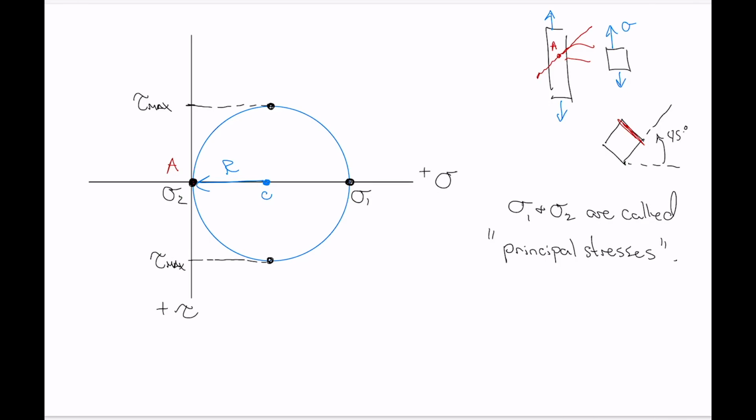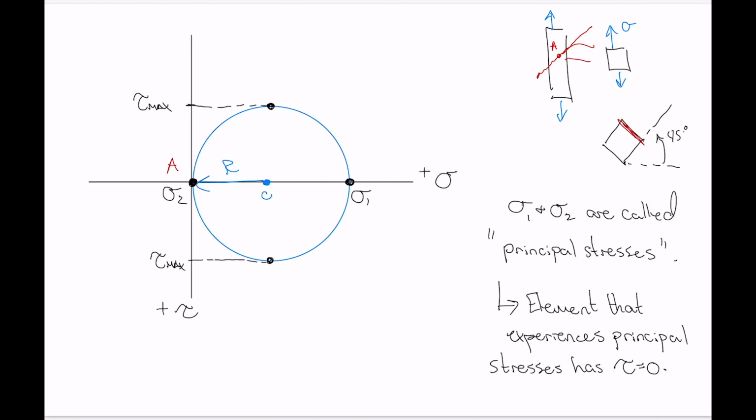So an element that is experiencing principal stresses experiences zero shear stress. So an element that experiences principal stresses has no shear stress acting upon it.